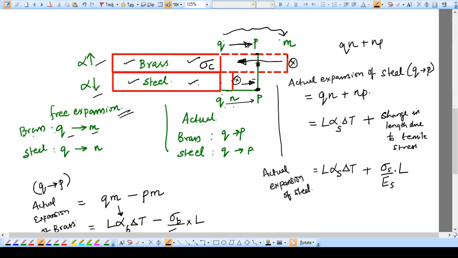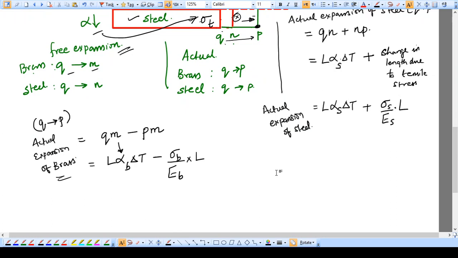So in the steel member, a tensile stress will be acting, and in the brass a compressive stress will be acting, or I can say a body with a higher coefficient of thermal expansion will have compressive stress, and a body with a lower coefficient of thermal expansion will have a tensile stress.